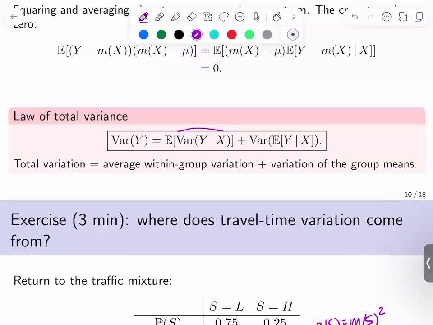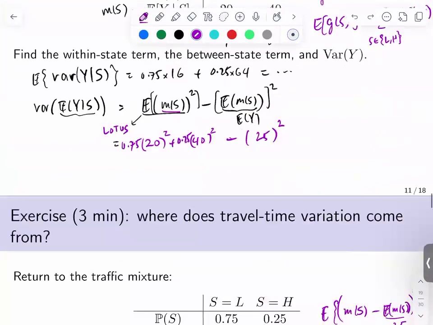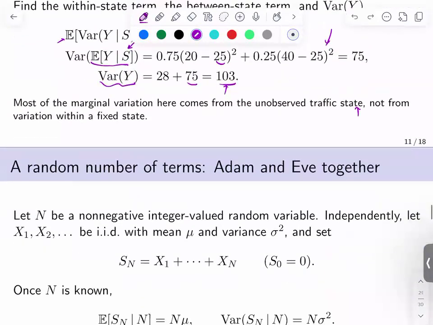And then between the groups, you have this variance, which is due to unknownness of the group. The fact that you don't know the group of Y. If you knew which group Y would belong to, then you just compute the variance of Y given that group. But the fact that you don't know just adds this extra term, which in this case turns out to be really large.